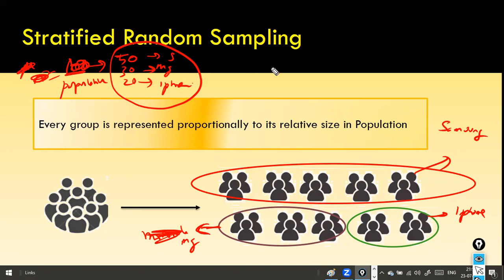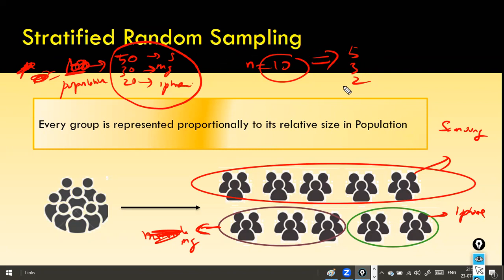So if I ask you to draw a sample of size 10, in what proportion are you going to draw the sample from these three groups? Out of 10, 5, 3, 2, because you have more people in the first group, right? So 5, 3, 2, in proportion to the population.